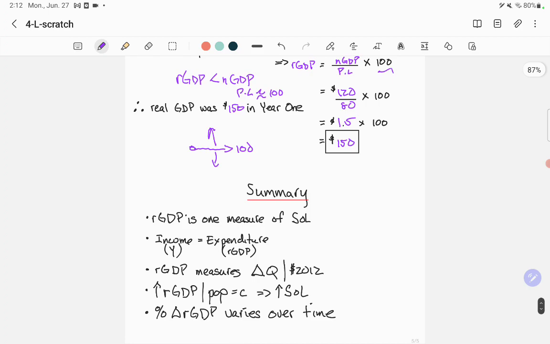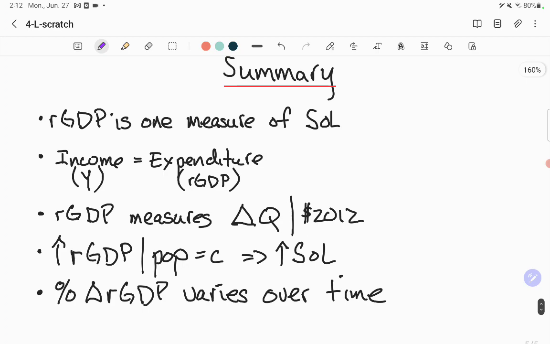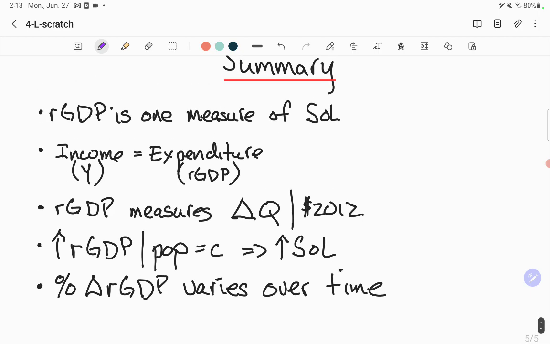And so, real GDP is one measure of standard of living, SOL. Income equals expenditure, usually. Real GDP measures the change in quantity given the base year. Base year is 2012 in Canada at the moment. An increase in real GDP, given that population is constant.